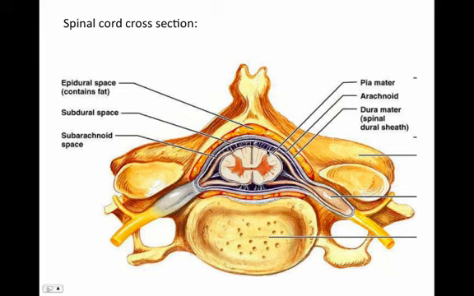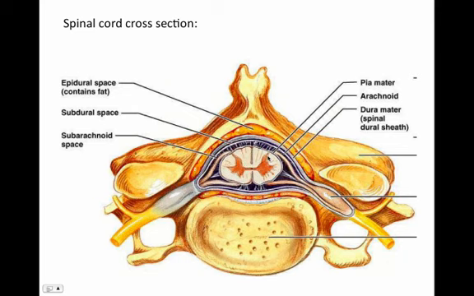Now what we want to find is the space. Name the space. Since we're outside of the dura, it is the epidural space. Here, I'm below the arachnoid mater. This will be the subarachnoid space. This is where the blood vessels will run, in the subarachnoid space.